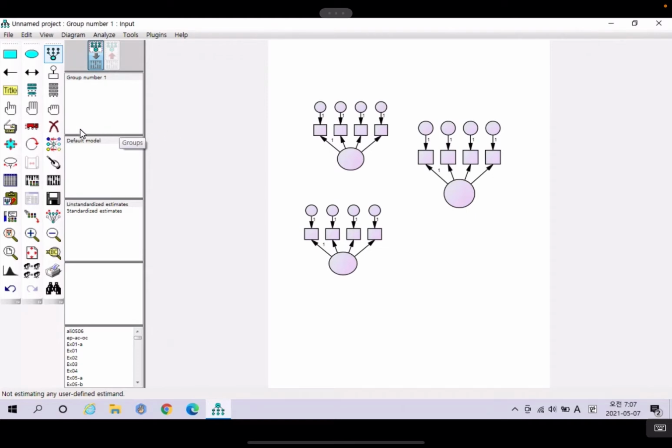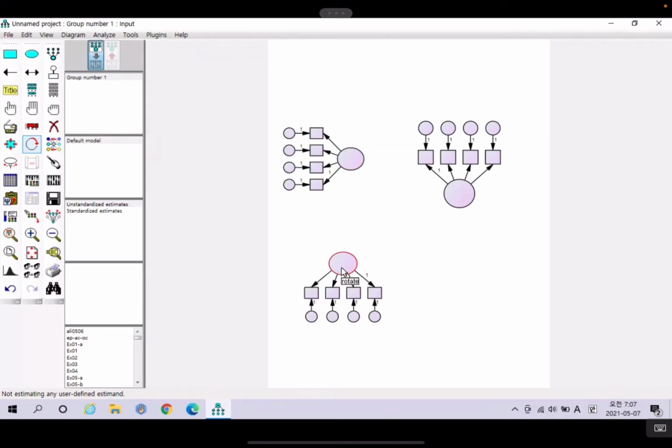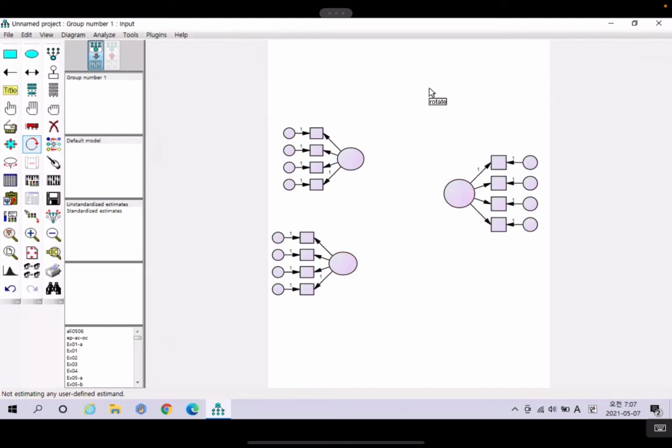And if you want to rotate, you click this one and you rotate these things, right? And then you draw an arrow by clicking this, and this one goes to here and this one goes to here, right?